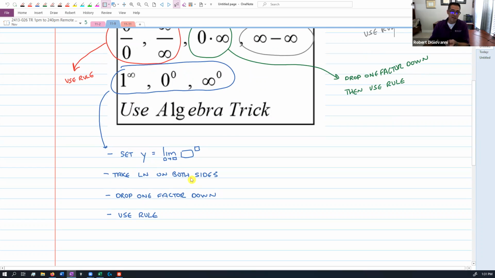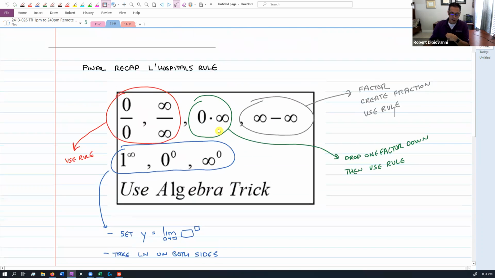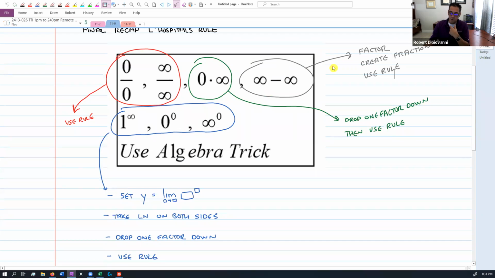Once we do that, it'll look like 0 times infinity. Then we'll drop one of the factors down and then use the rule. And then infinity minus infinity, we will factor something out, create some fraction, and then use the rule. And that's pretty much it.